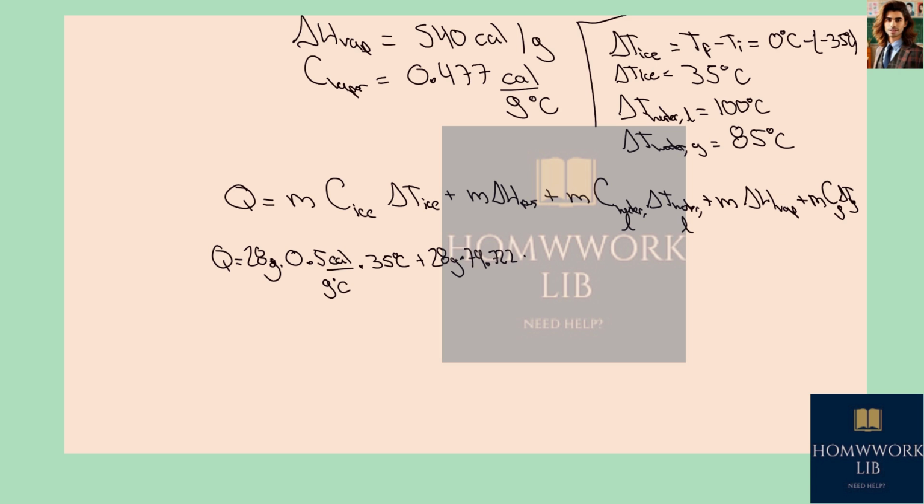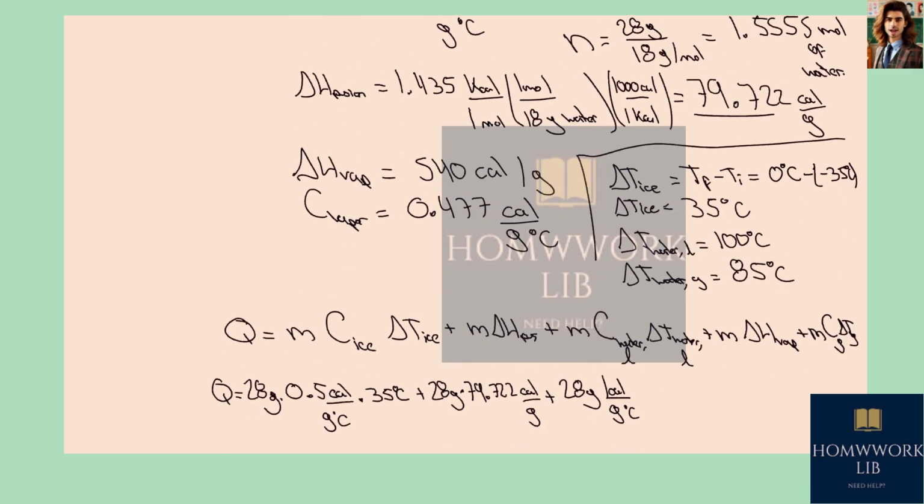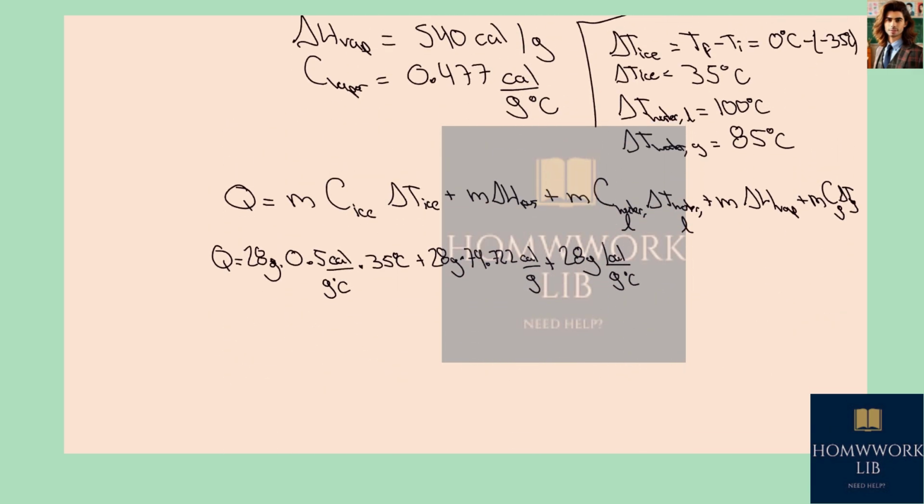This is calories per gram plus, again, mass, 28 grams. The water is still water. The mass is not going to change. That is going to be conserved. Times heat capacity of water, in this case, 1 calorie per gram degree Celsius. Times delta T for water, that is 100 degrees Celsius.